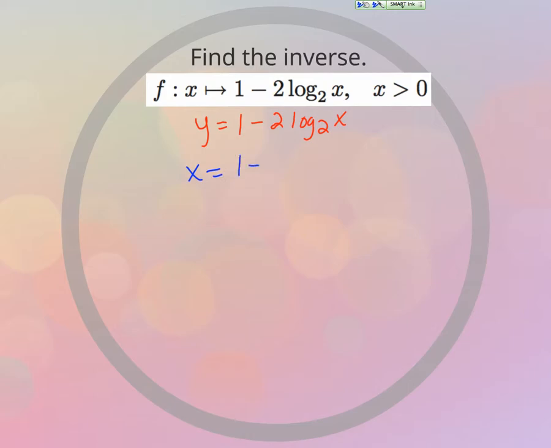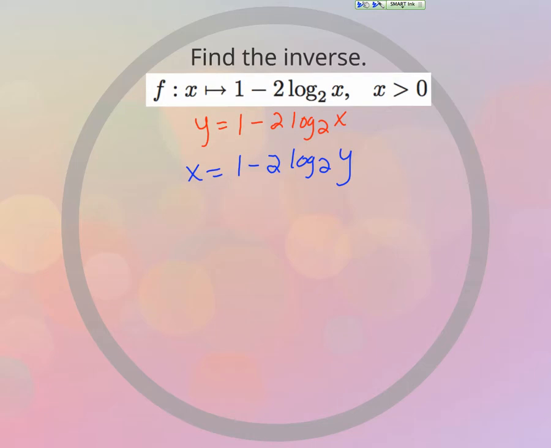That's what I brought up during the daily challenge: everybody should know that. They should see inverse and think variable interchange right away. Then we have to do a little bit of work to get y by itself.